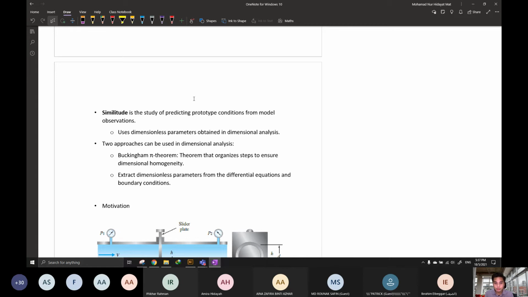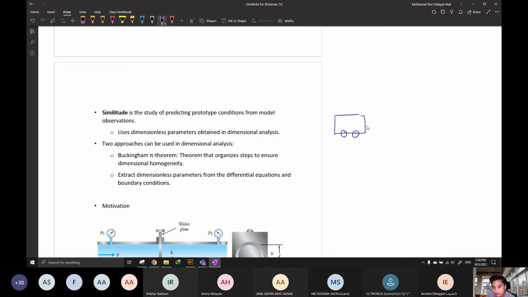Without having the model, there will definitely be the highest risk for the engineering company, especially when they want to develop a $1 million prototype. So that is why they need to create the model. So how do they investigate? For example, this is the car.